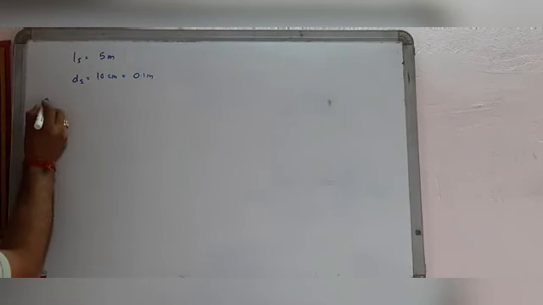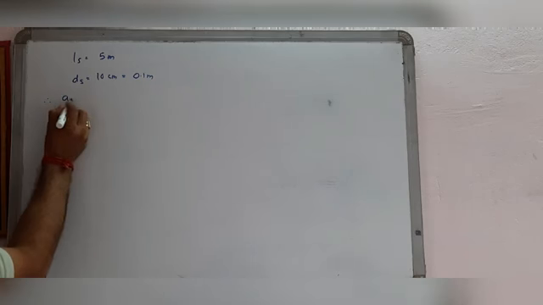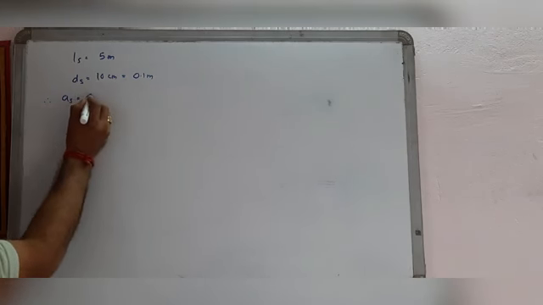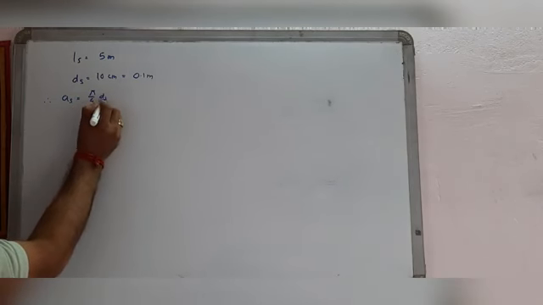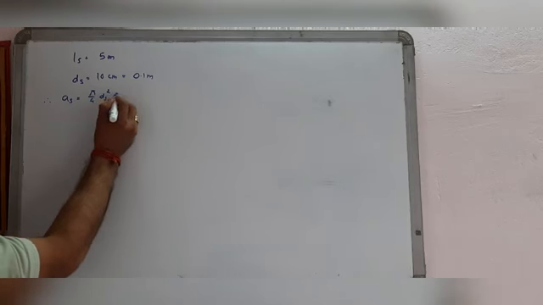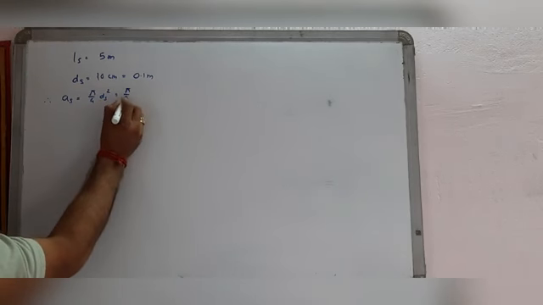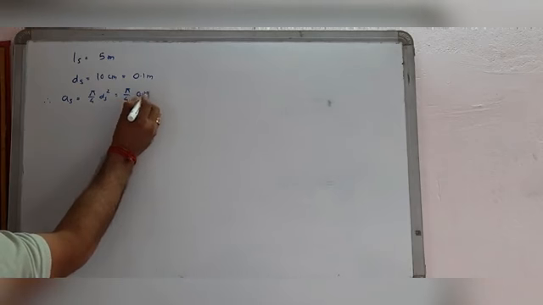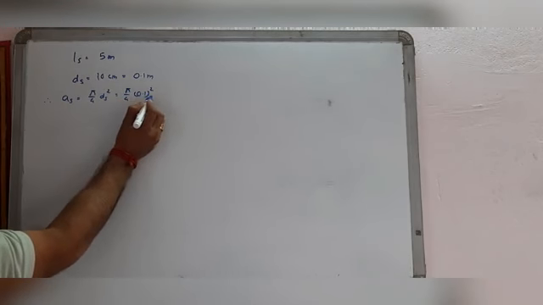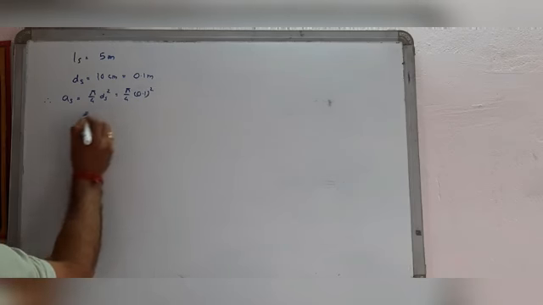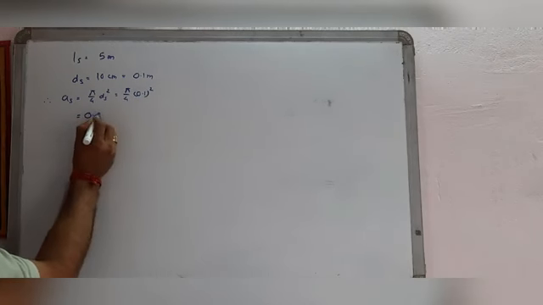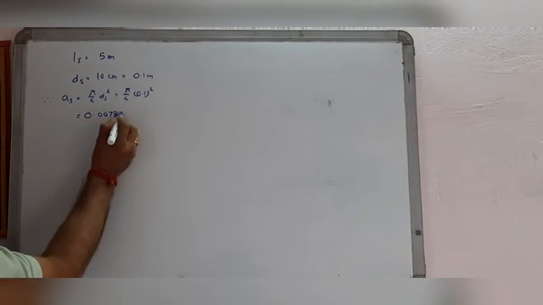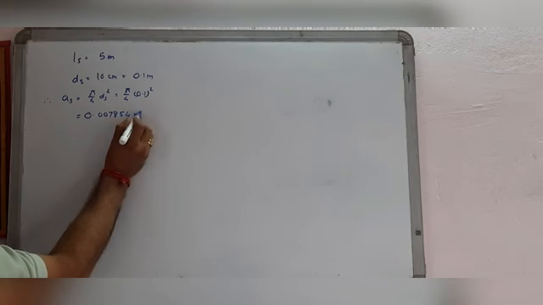So area AS, area of suction equal to pi by 4 DS square. This is pi by 4 into 0.1 square, that is equal to 0.00784 meter square.